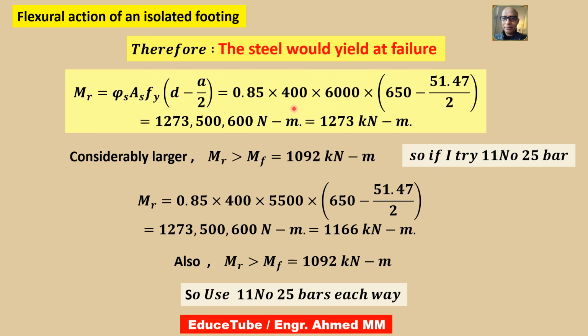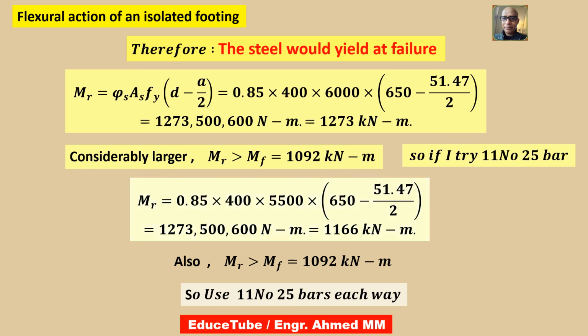Why not try with a smaller number of steel bars? Before we took 12. Now we try with 11 number 25 bars. In this situation, if we use 11 number 25 bars, what will be the factored moment resistance? Let's calculate that. It is 1166 kilonewton meters.